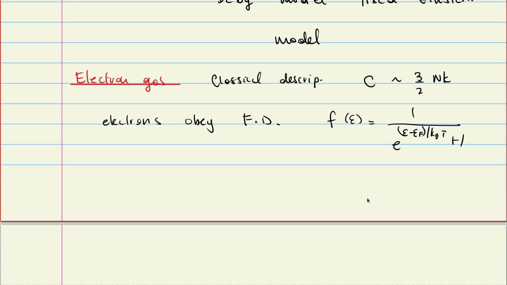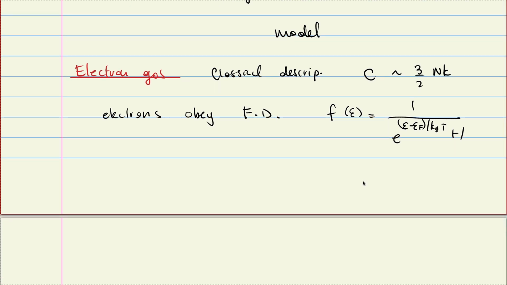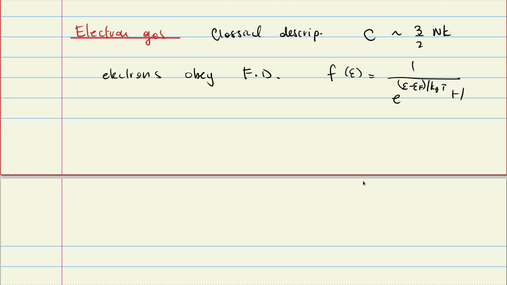Let's consider electrons in a 3D box potential, and their energy is epsilon of n_x, n_y, and n_z. There are 3 quantum numbers in 3D.